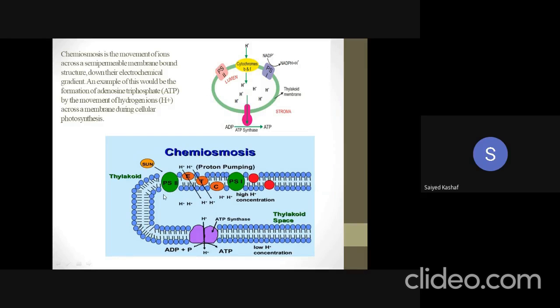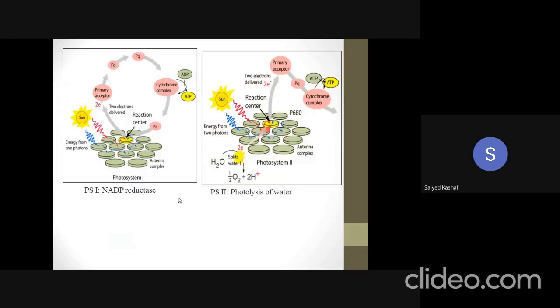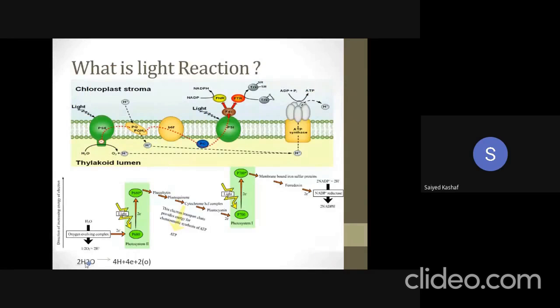After the breakdown of H2O, it forms 4H+, 4 electrons, and 2O, which will rearrange itself and form an O2 molecule, right? So one reason is this, that the proton gradient increases by the photolysis of water.